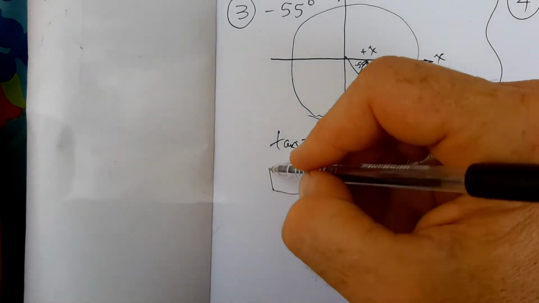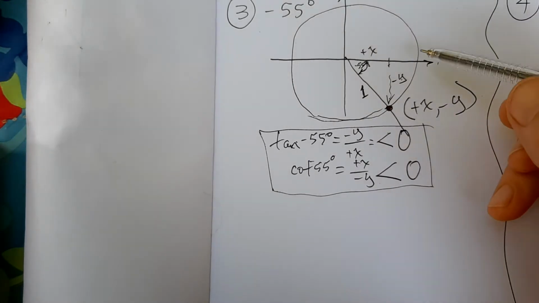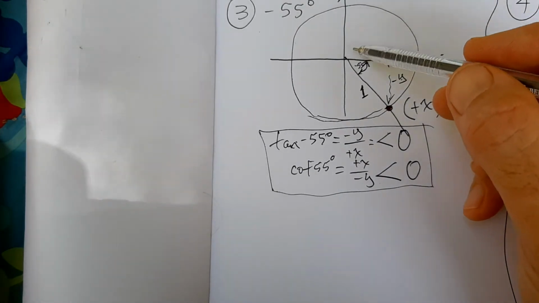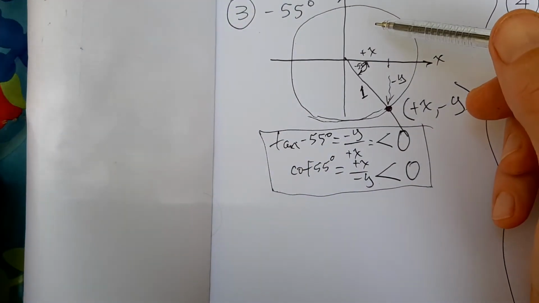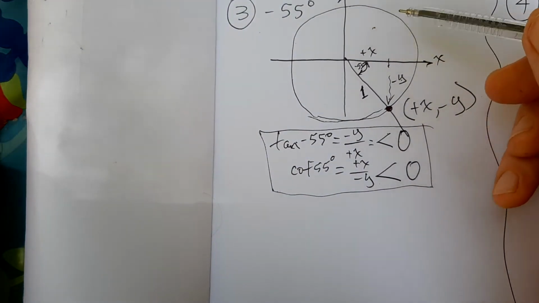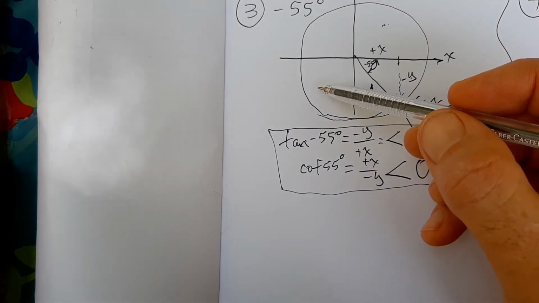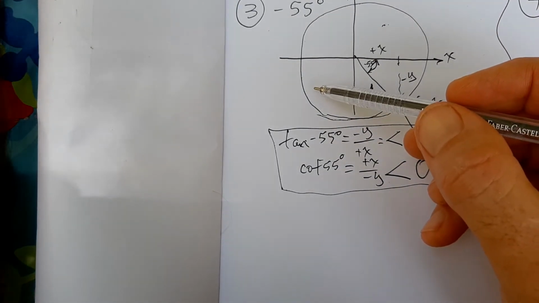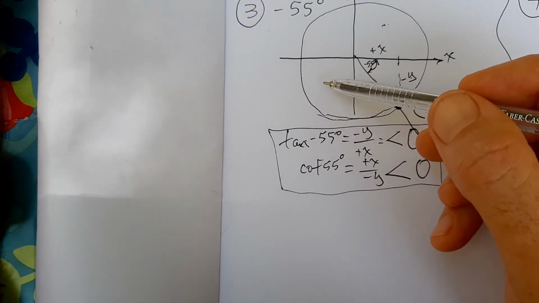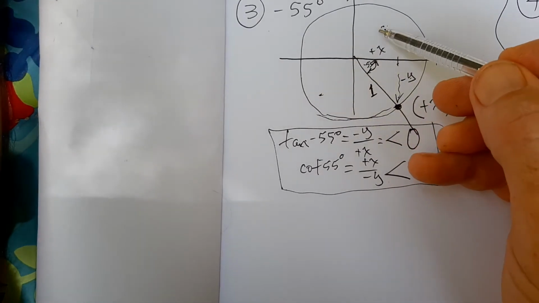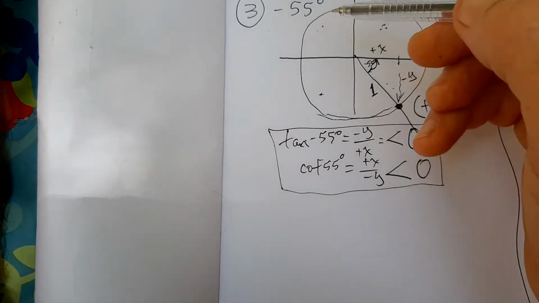So just to review, for cotangent and tangent, up here it's positive over positive: positive y over x, positive x over y. So over here, tangent and cotangent are positive. Then over here in the third quadrant, you'd have minus y over minus x, so minus divided by minus, positive. So you're going to have positive here and negative here and here. If you want to memorize that, it depends on how much you're working with this.